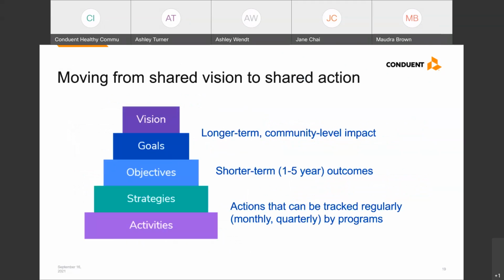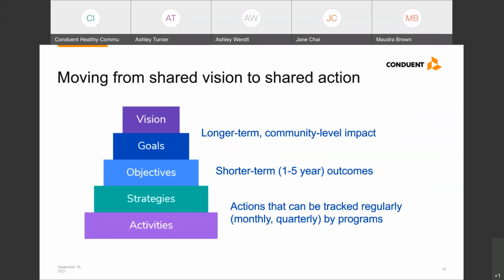Based on their shared vision, most communities then decide on about 3 to 5 priority areas with goals that they will commit to working on together. Goals tend to be loftier, long-term, and look at community level impact. For each goal, communities typically have another 3 to 5 objectives that set targets at a shorter time frame.